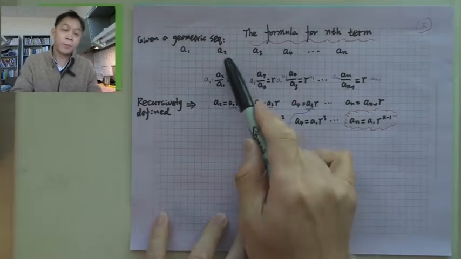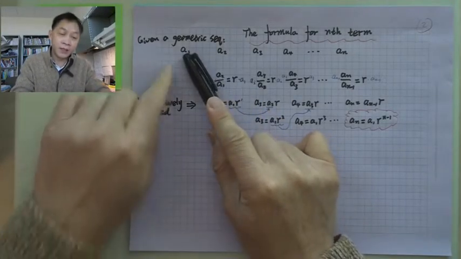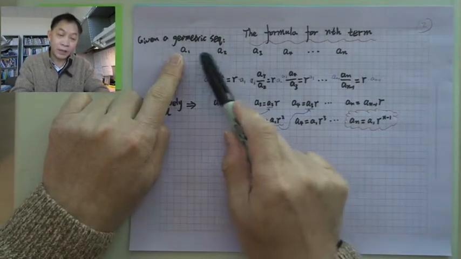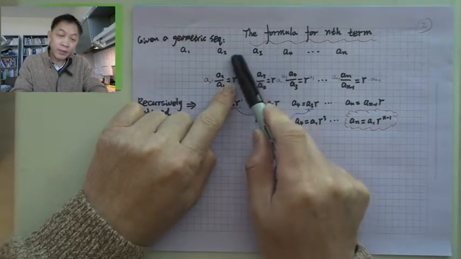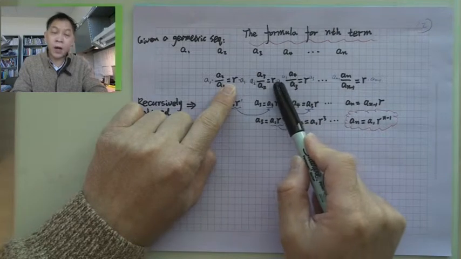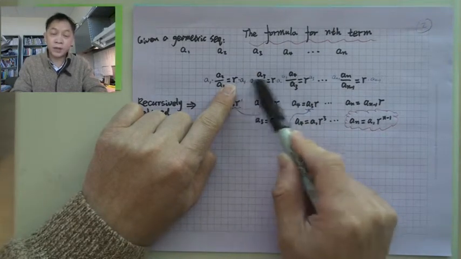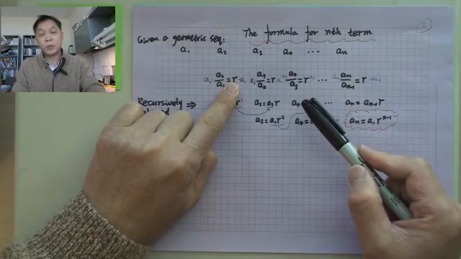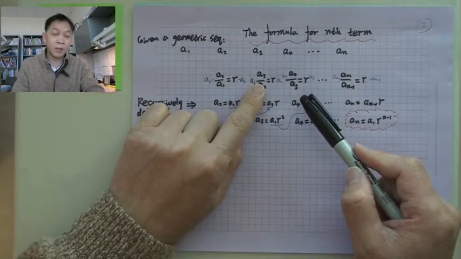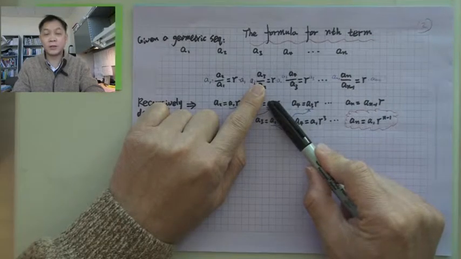Then you know one term divided by its previous term, A2 divided by A1, is R. And A3 divided by A2 is also R. Those two R's are the same because by definition, for a geometric sequence, one term divided by its previous term is a constant.